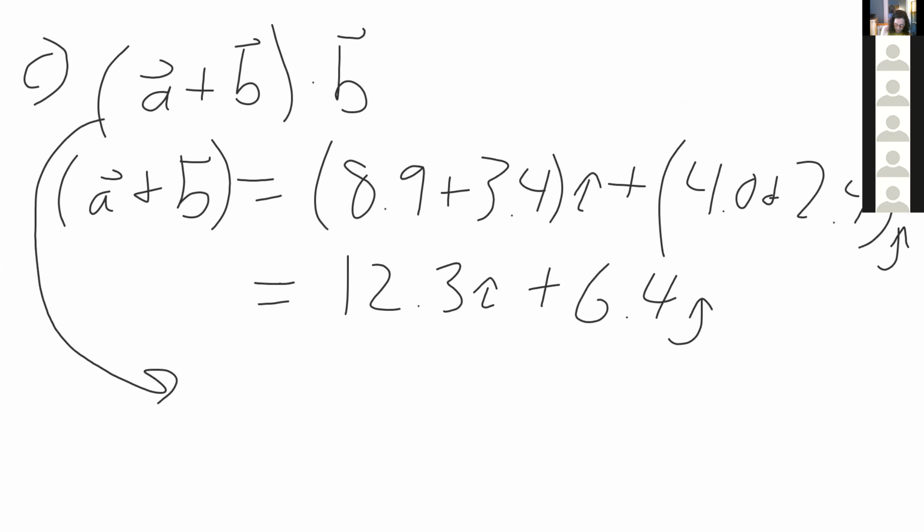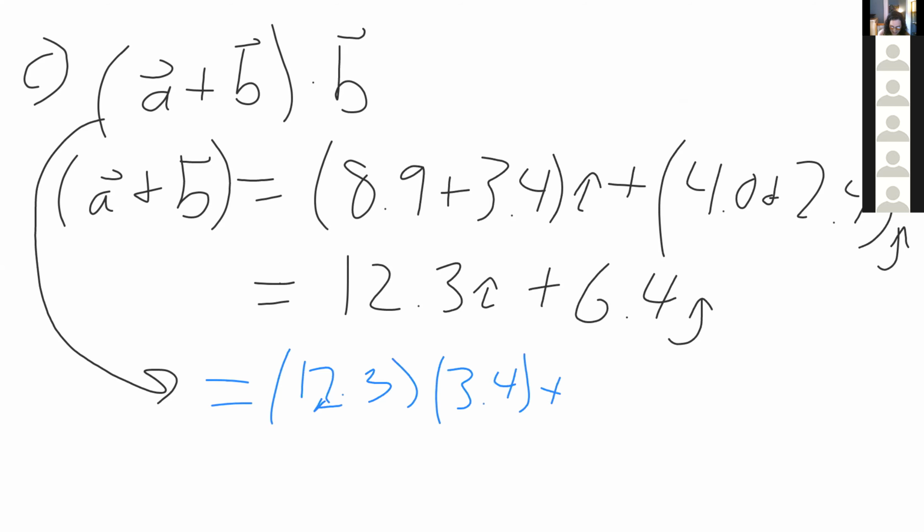I just multiply the x components together: 12.3 for my new x component times the x component of B, which was 3.4.